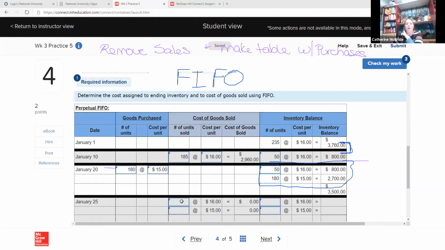So I need 200 units. So I'm going to take all 50. Now I still need 150 units. So I'm going to take the 150 units from the next layer. After I've done that, I have no more of the $16 layer. And I have 30 at the $15 layer.